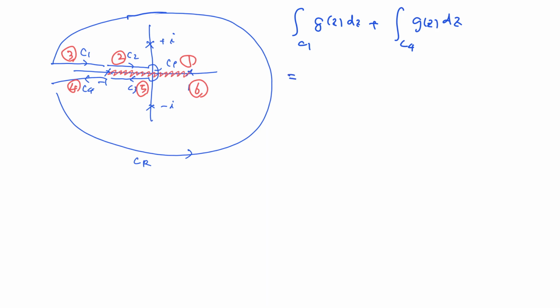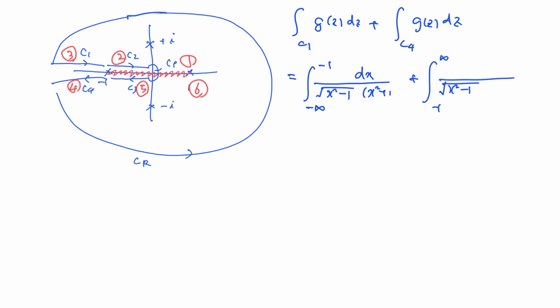It's actually the integral from minus infinity to minus 1 of square root of x squared minus 1 over x squared plus 1 dx, right? Plus C4, which is minus 1 to infinity, root x squared minus 1 over x squared plus 1 dx.